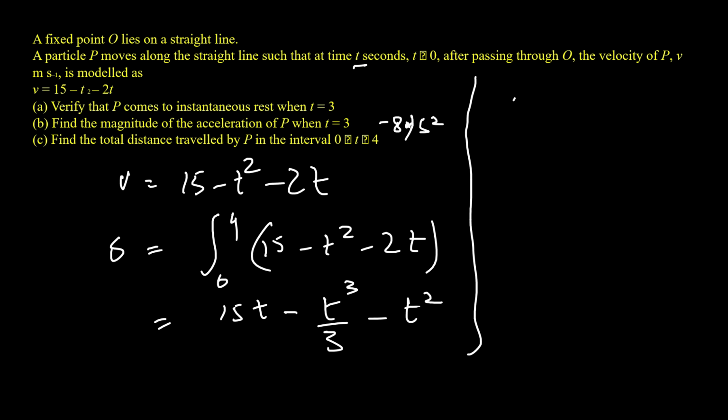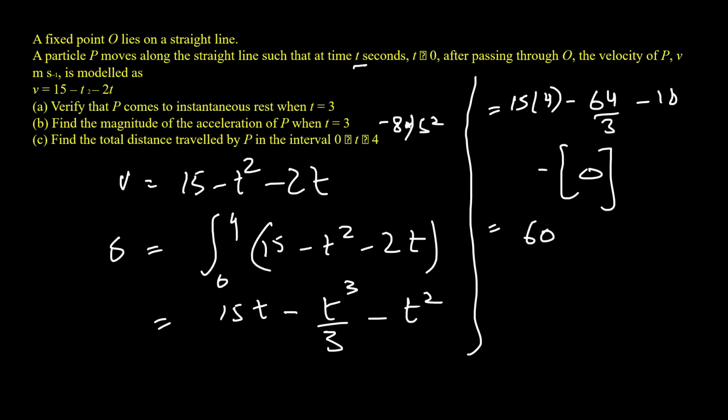So 15 times 4 is 60, minus 64 divided by 3, minus 16, minus 0. So 60 minus 64 by 3 minus 16.